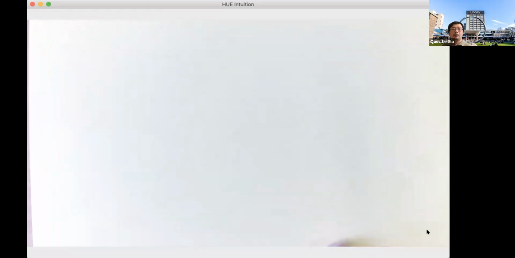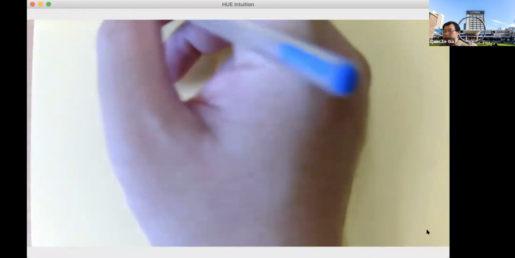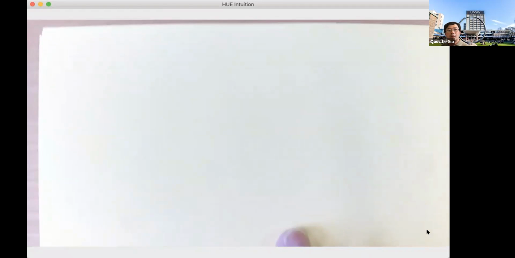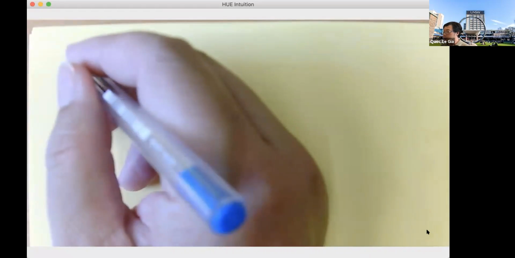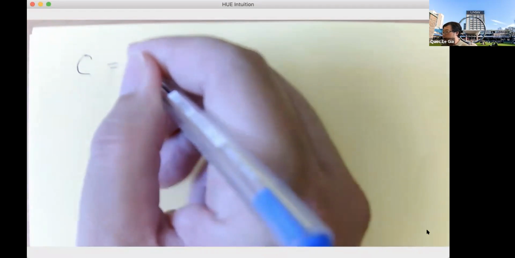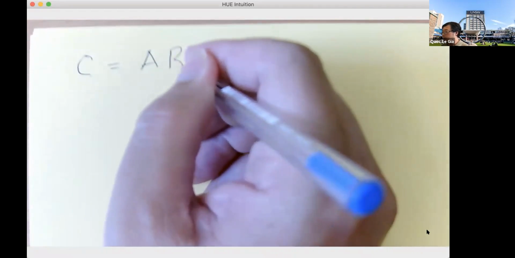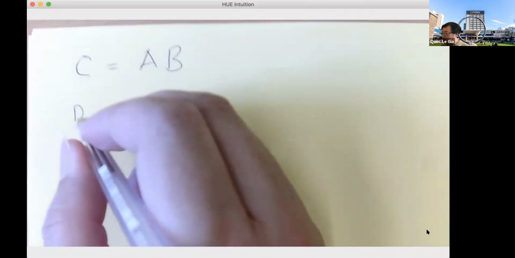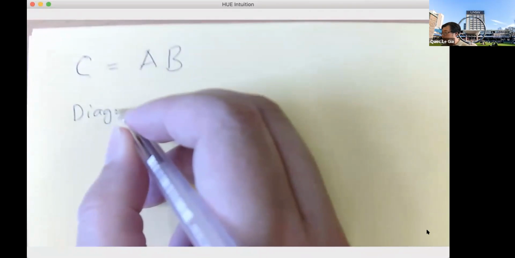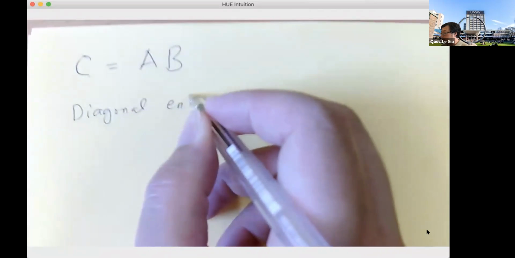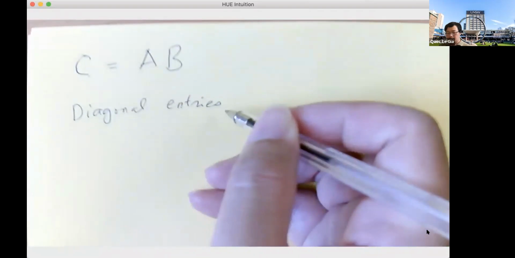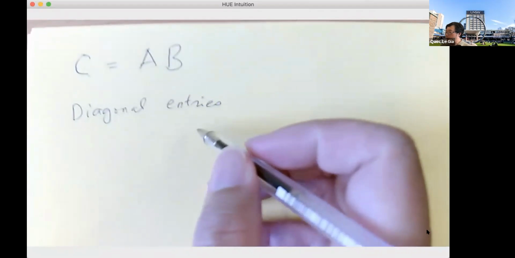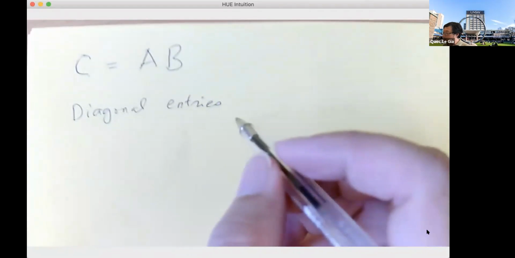Remember I have C equal A times B. I consider the diagonal entries of the matrix C. So what are the diagonal entries?